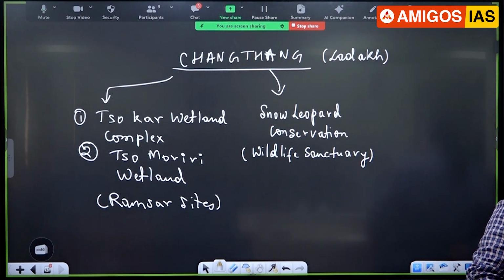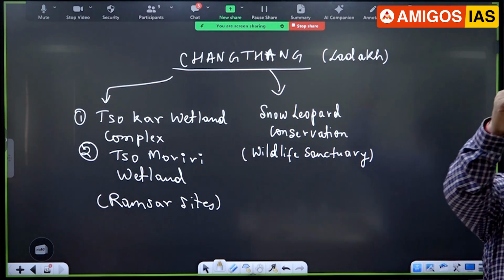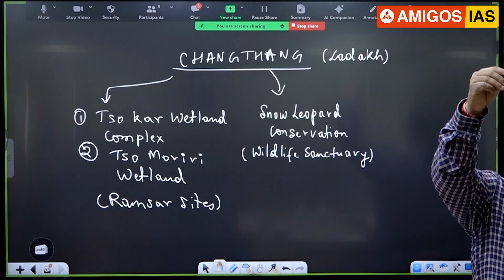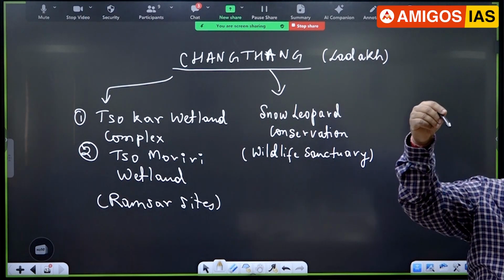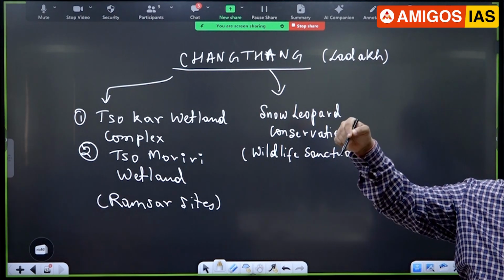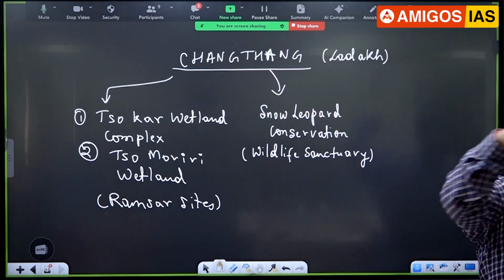Recently, one another very important thing made a headline. Can anybody guess? There was another animal which made a headline. See, snow leopard you find everywhere. Where do you find it in the Himalayan range? Ladakh, Uttarakhand, Himachal Pradesh, Sikkim, Arunachal Pradesh. That means the Himalayan range.